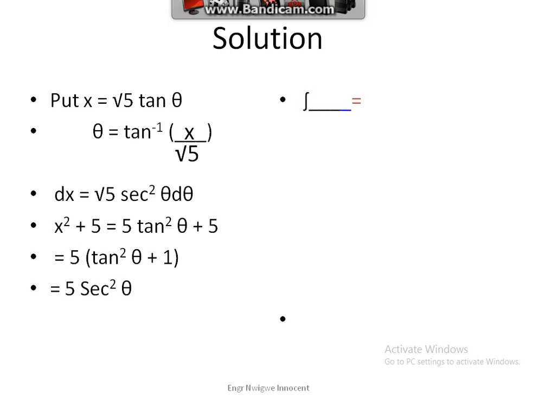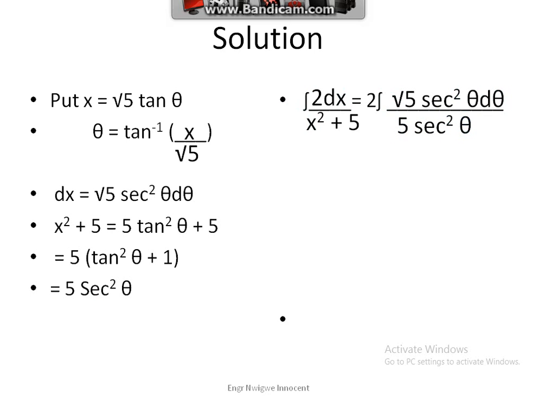Then from the question, we are asked to evaluate the integral of 2 ds over s squared plus 5. Therefore, to integrate, if you substitute ds, which we have gotten to be square root of 5 sec squared theta d theta, and substitute our s squared plus 5, which we have gotten as 5 sec squared theta, then we cancel out.